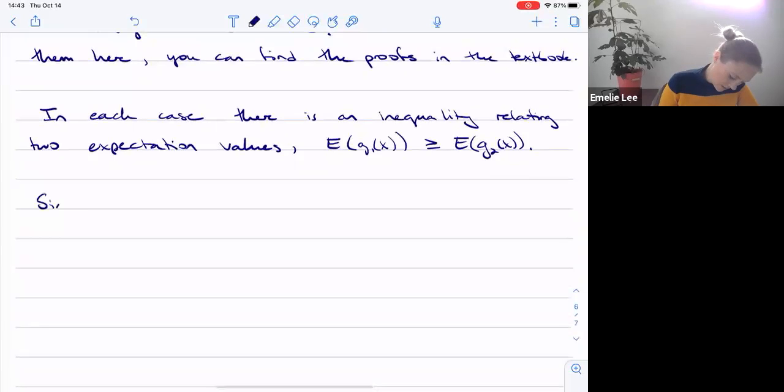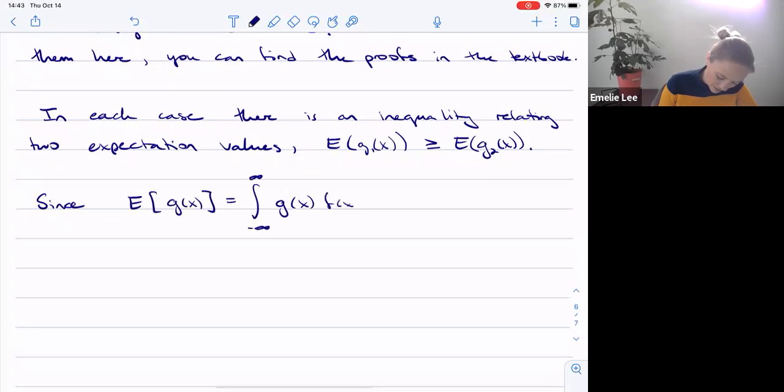So since the expected value of G of X is the integral from negative infinity to infinity of G of X, F of X, dx. And what's going on here?